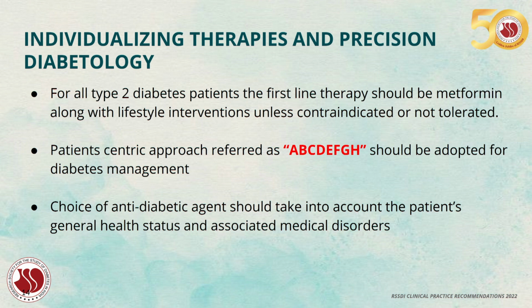This was included, I think, in 2018 and has been carried forward, but some changes have been made in the current modification also. Choice of anti-diabetic agent should take into account the patient's general health status and associated medical disorders.